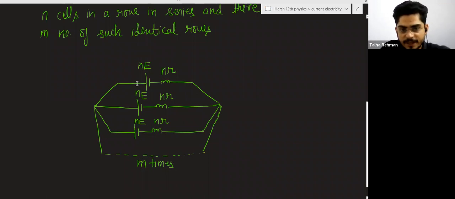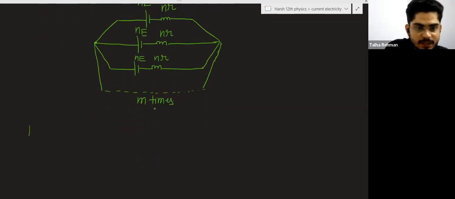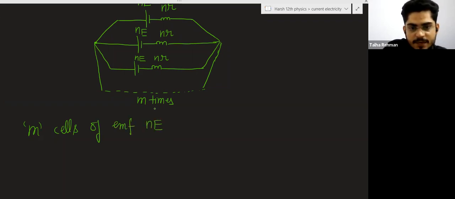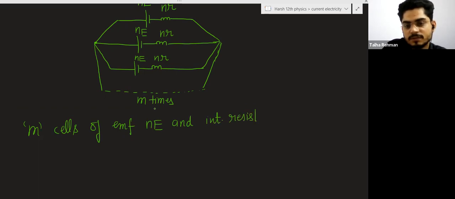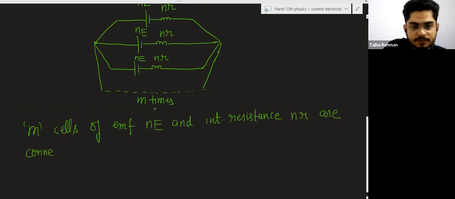So now you can say m equivalent cells of EMF nE and internal resistance nr are connected in parallel.